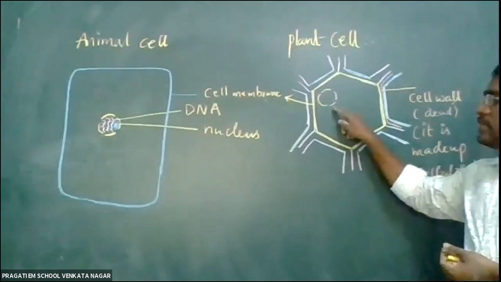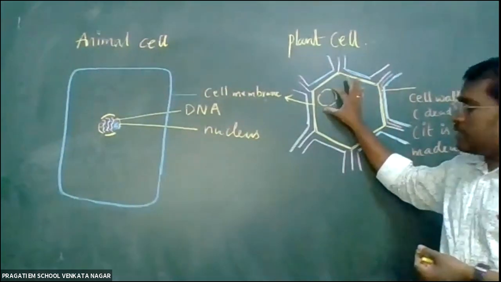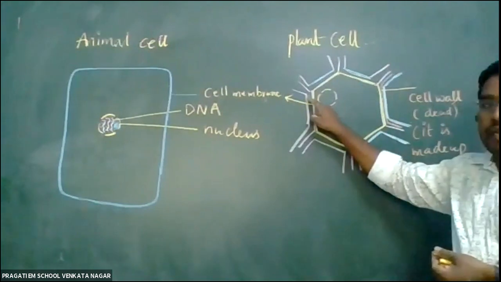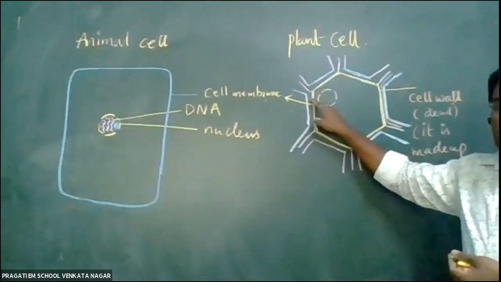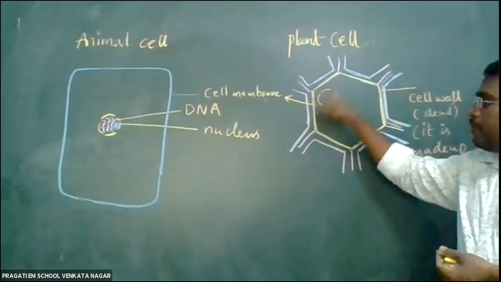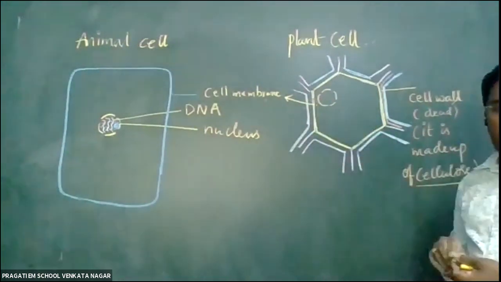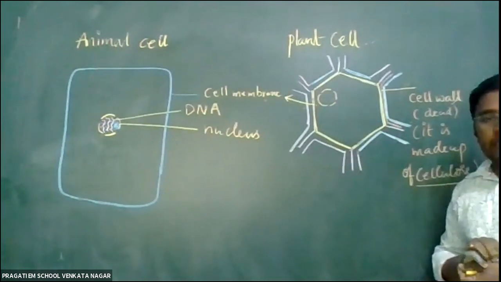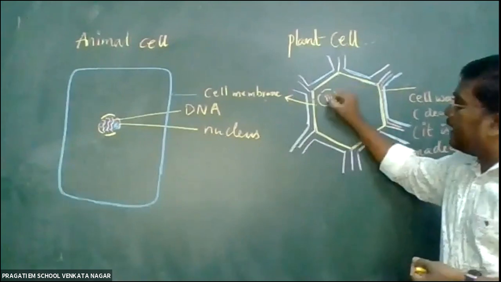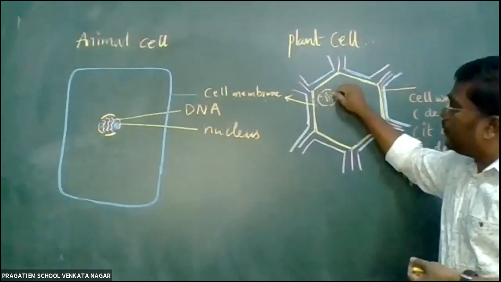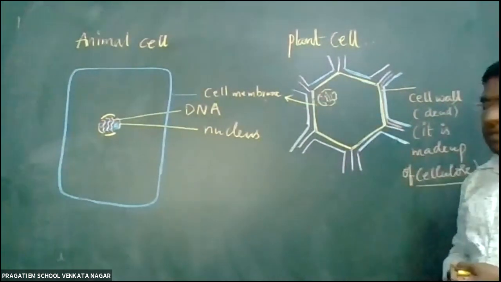In every plant cell, the nucleus is slightly present at the periphery, nearer to the membrane of the plant cell. Here also the genetical material and liquid portions are present.